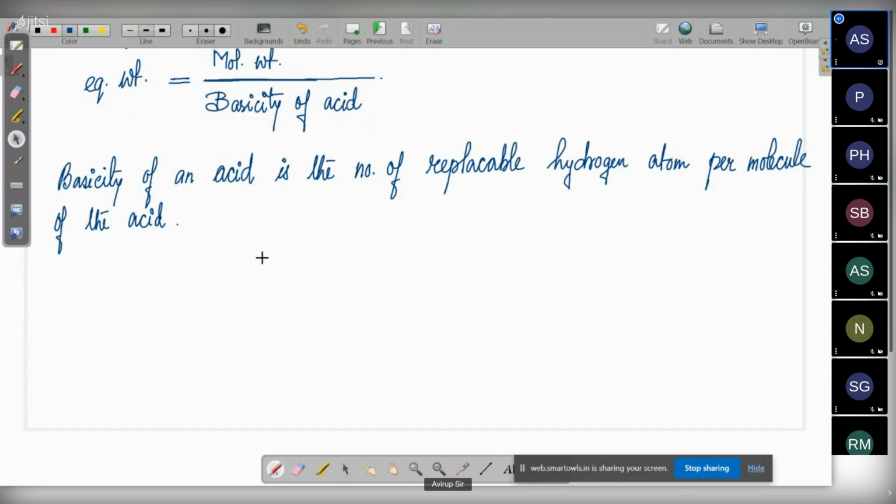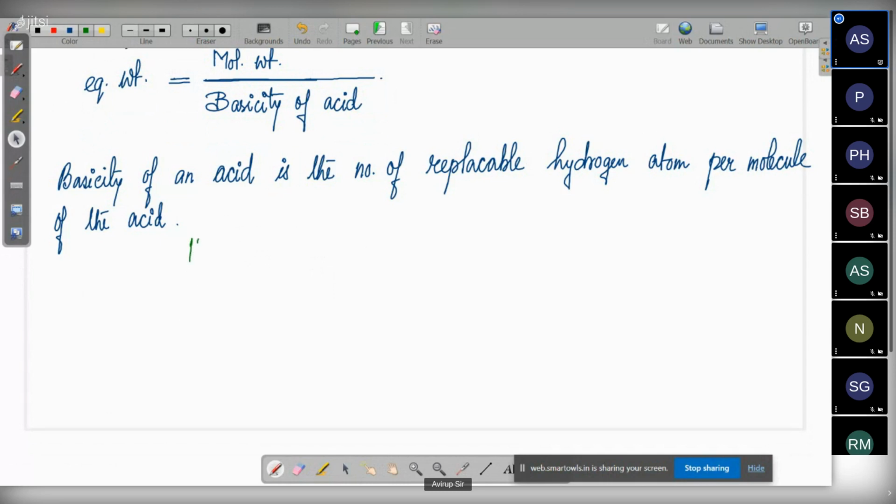Okay. So this is the definition. Basicity of an acid is the number of replaceable hydrogen atoms per molecule of the acid. So again, we are not interested in the definition. We are interested in understanding, applying the definition.